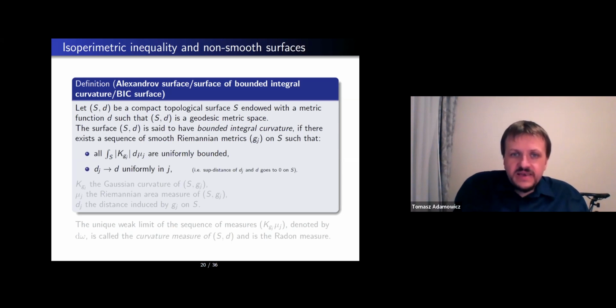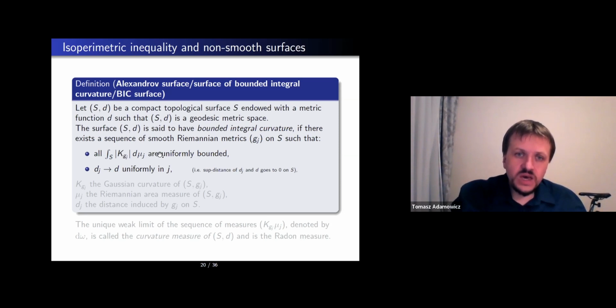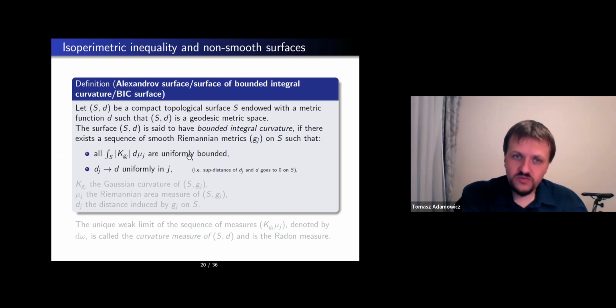Then the surface S is said to have bounded integral curvature if there exists a sequence of smooth Riemannian metrics g_j, which satisfies the following two conditions. If we consider an integral over S of the Gaussian curvature associated with g_j with respect to the Riemannian area measure, then all such integrals are uniformly bounded.